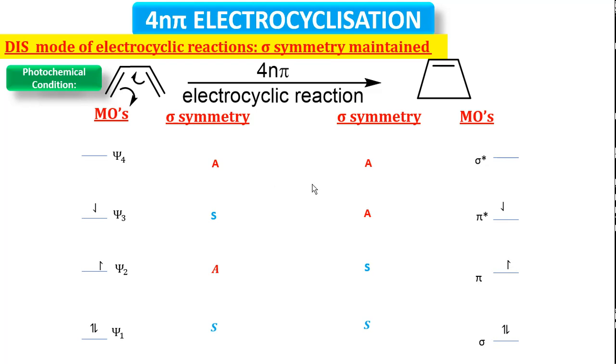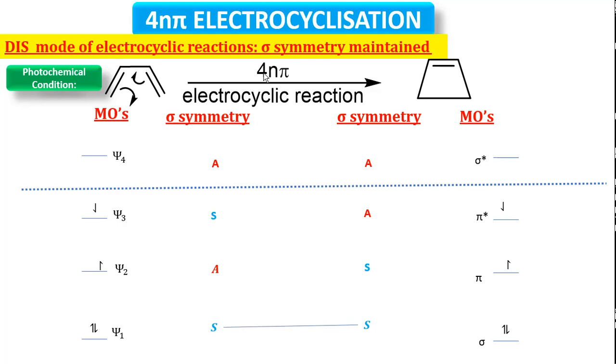Now classify low energy molecular orbitals from high energy molecular orbitals, and correlate the symmetry of molecular orbitals of reactants with the symmetry of molecular orbitals of products. Symmetry to symmetry, asymmetry to asymmetry, symmetry to symmetry, and here asymmetry to asymmetry.